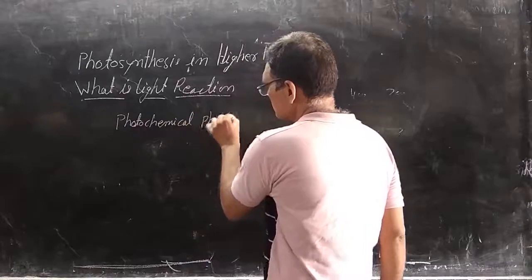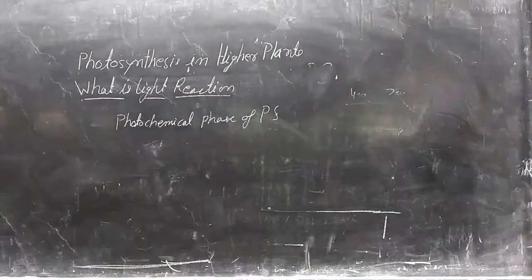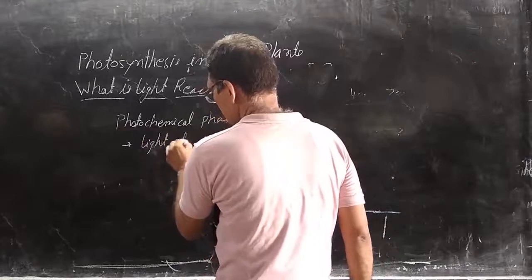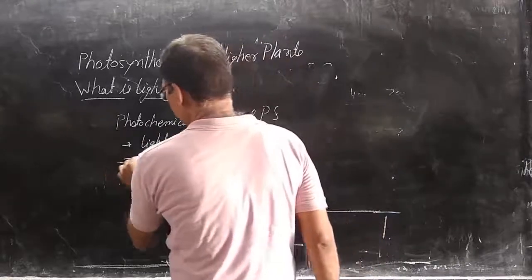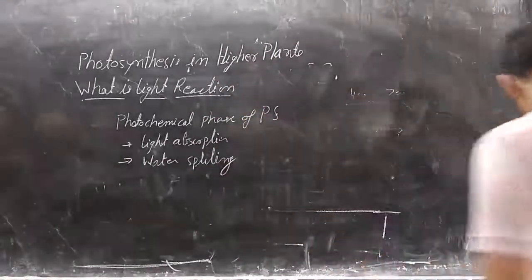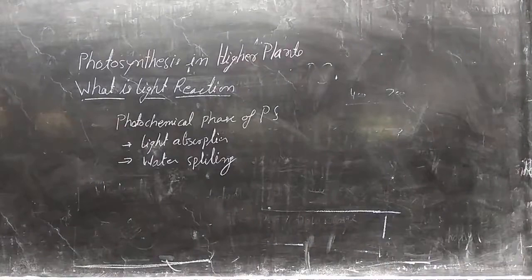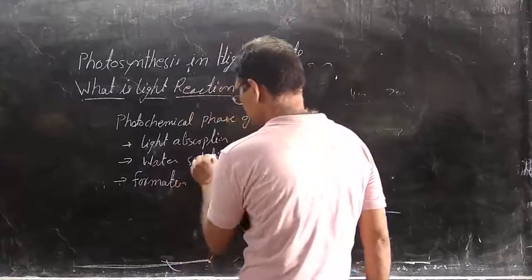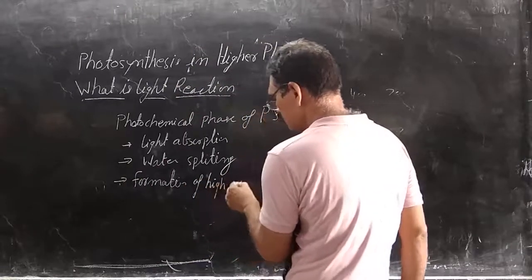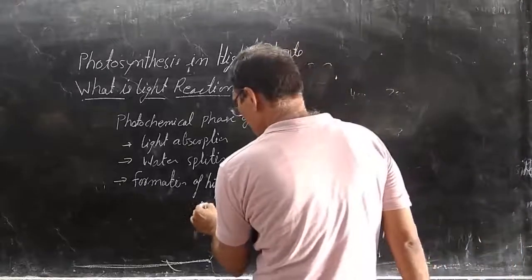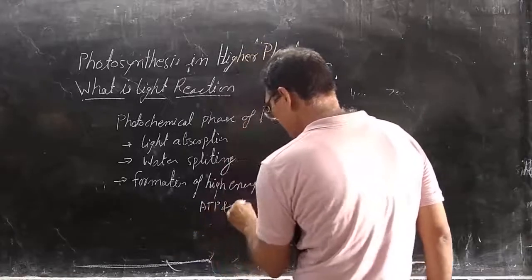During the light reaction, different phenomena occur, and this photochemical phase includes light absorption, water splitting, and formation of high energy molecules, that is ATP and NADP.